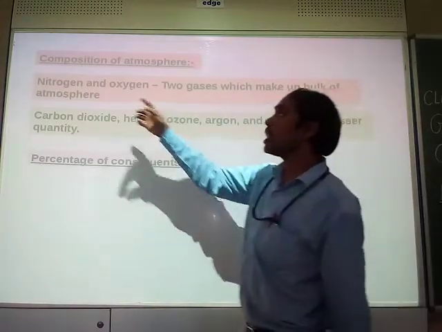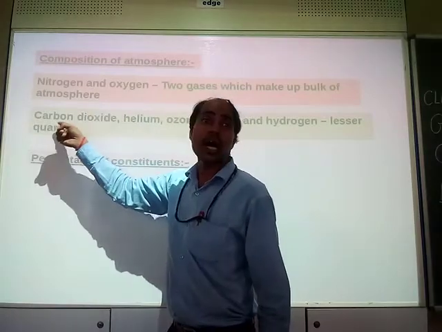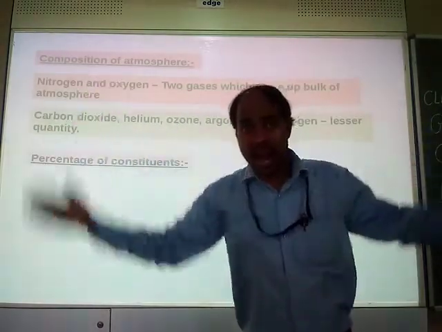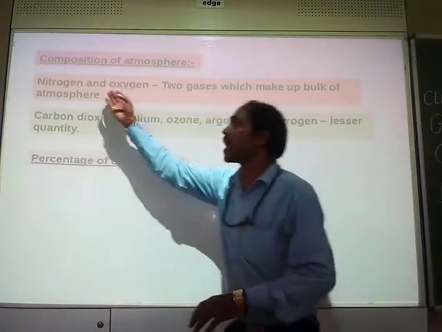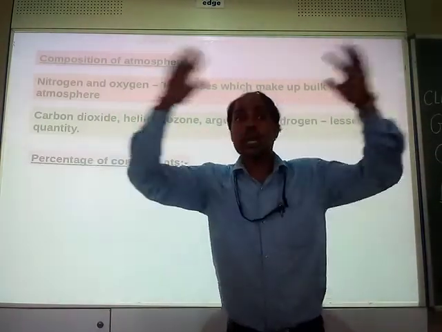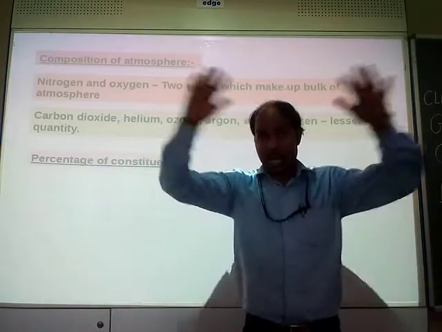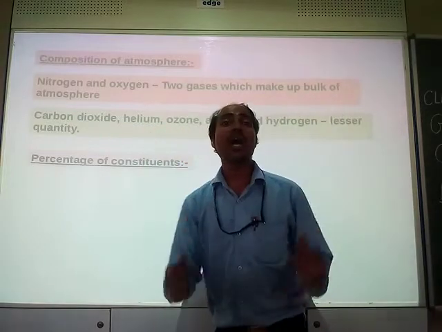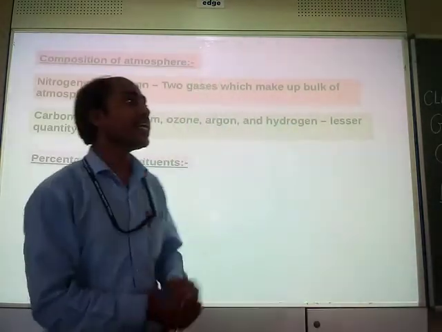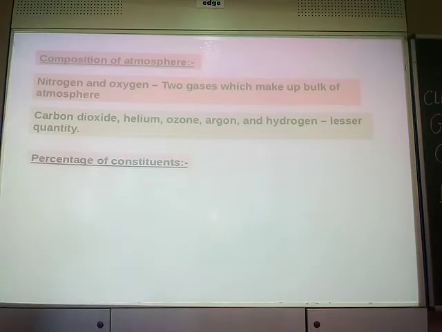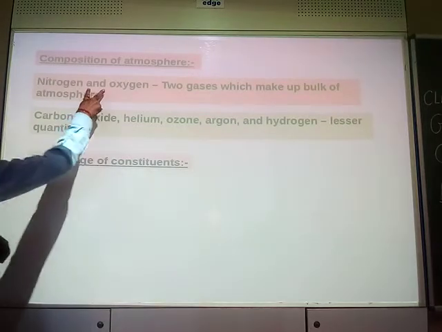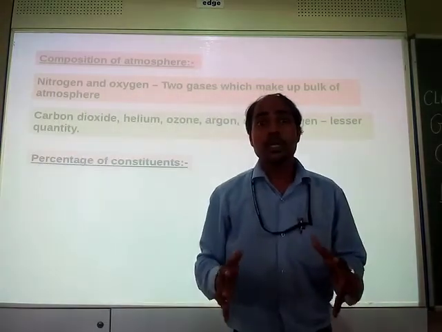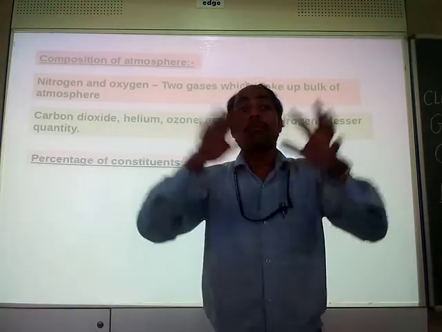Now, because these gases are available in the atmosphere, some gases are in larger amount, in larger quantity, whereas some gases are in smaller quantity, in smaller amount. Okay, so two gases form this atmosphere in a bulky way.